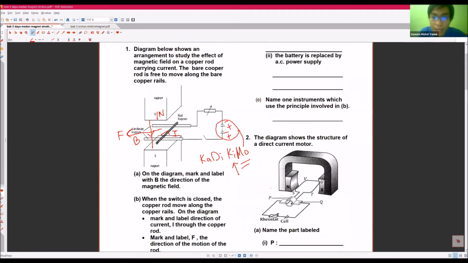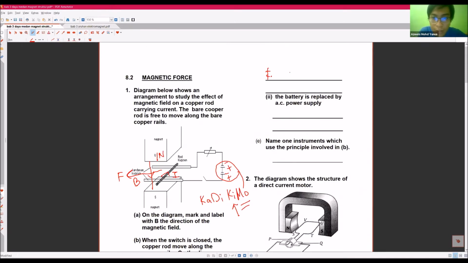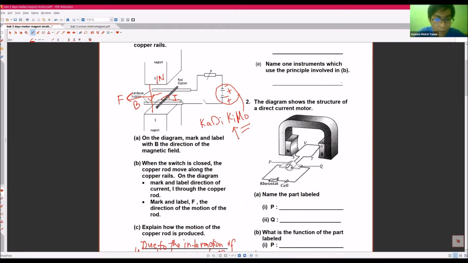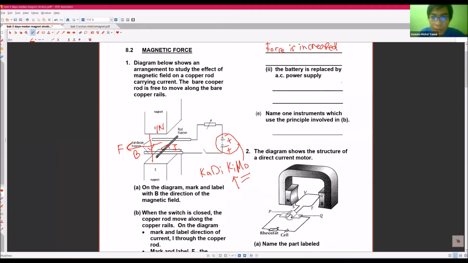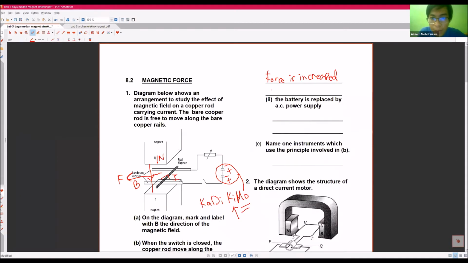So our answer is: the rod moves further to the left because the current is increased. So again, Fleming's left hand rule. We change the current by reducing the resistance, so the current can flow more.